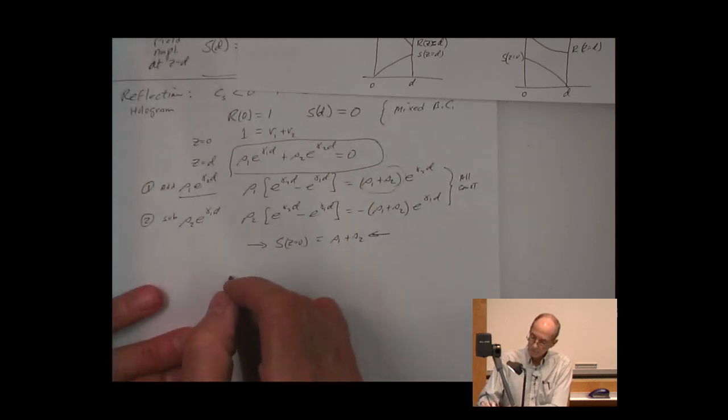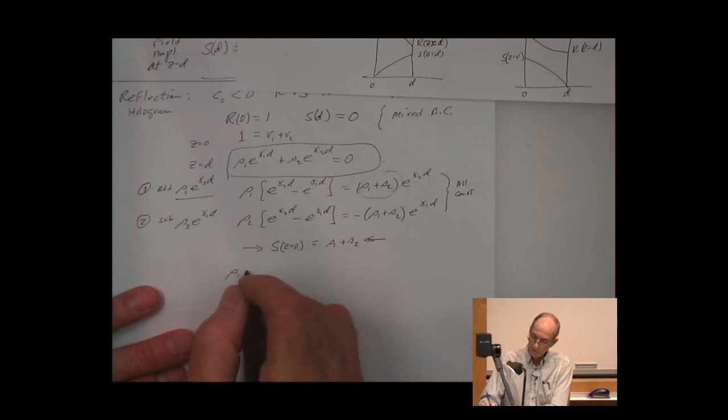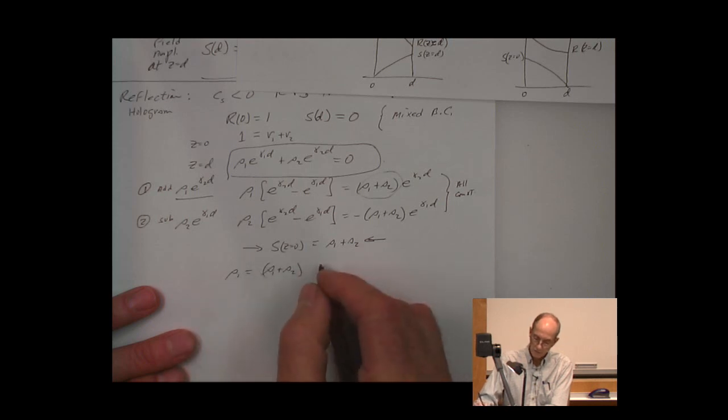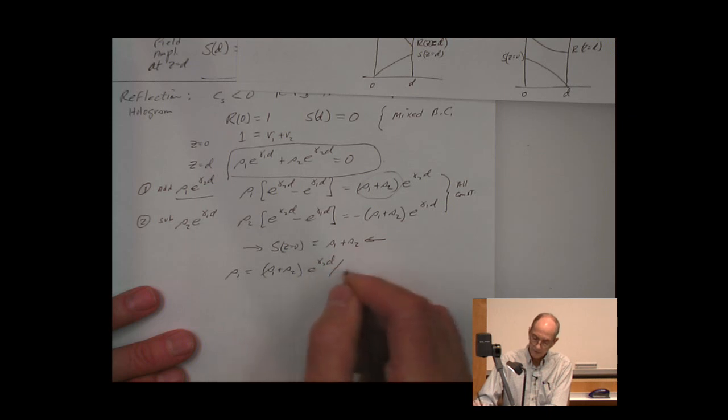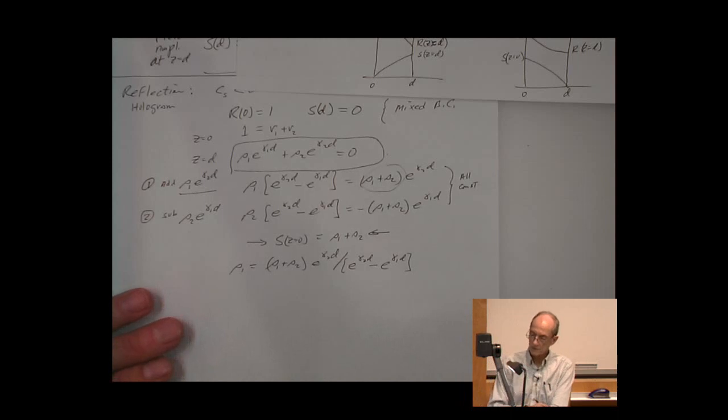it. Okay, and so for instance, now we can write S1 or S2 in the following way. We can say S1 is equal to what we need, which is S1 plus S2, the sum of those two, times e to the gamma 2d divided by e to the gamma 2d minus e to the gamma 1d. And similarly for S2, okay?